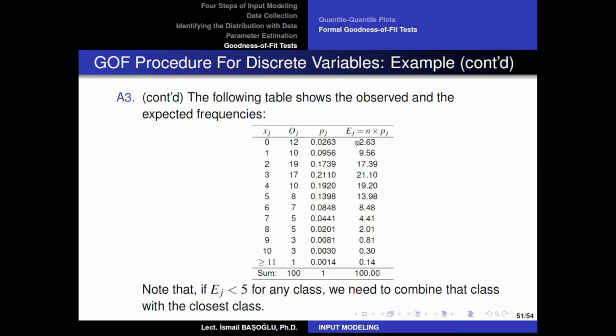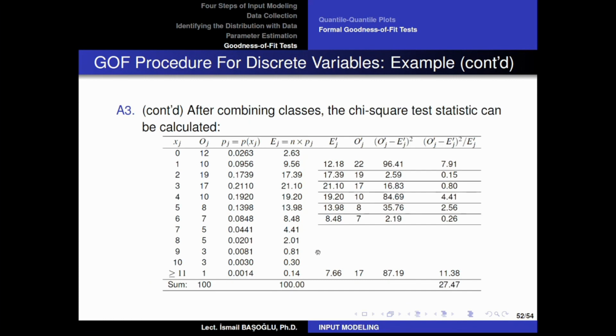Now, I need to combine the classes with the closest class if they have expected frequency less than 5, which means the first class here that belongs to 0 must be combined with the closest class, and the last class must be combined with the closest class. Even if it is combined with the closest class, still it is not greater than 5, so I need to combine it with the closest class again adaptively.